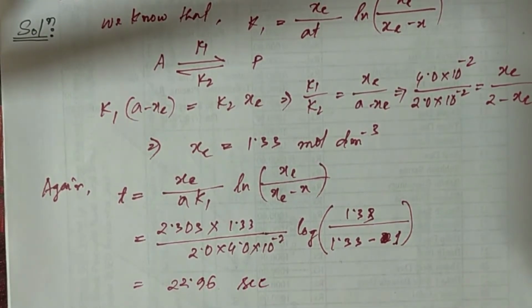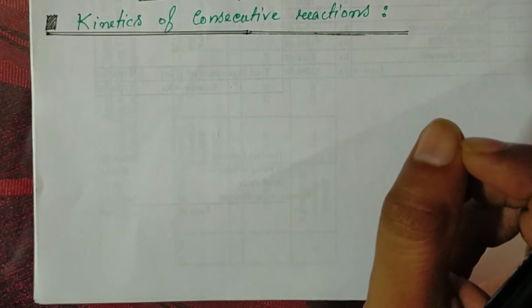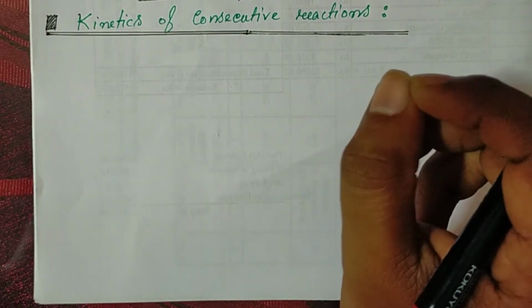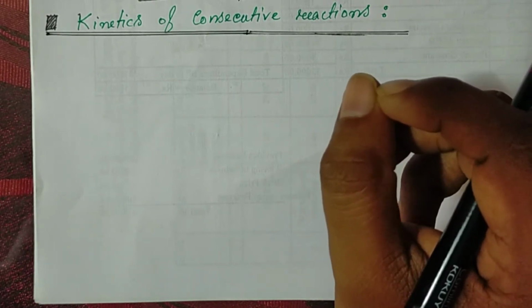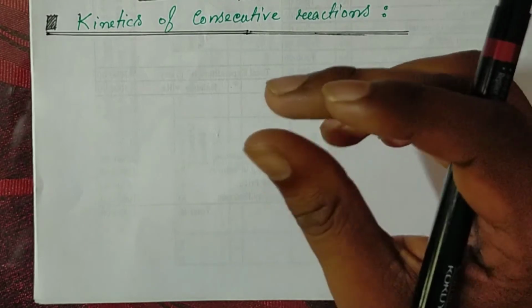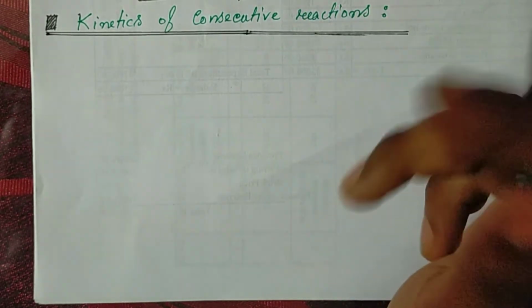Second, now let's discuss the kinetics of consecutive reactions. So consecutive reactions are those in which the product of one reaction acts as a reactant in another reaction, then those two or three reactions are called consecutive reactions.